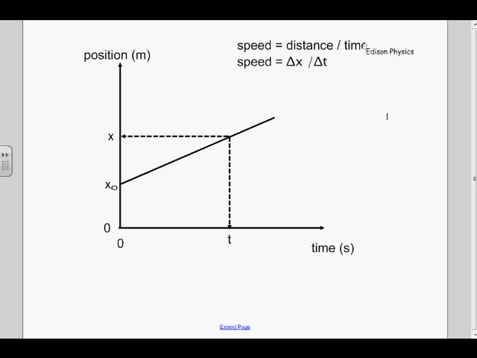Now let's look at the graph a little more carefully. What is delta x? Well, here it is right here. We'll use blue for this one. Delta x represents this length in blue. That's not the greatest line in the world, but that's delta x.